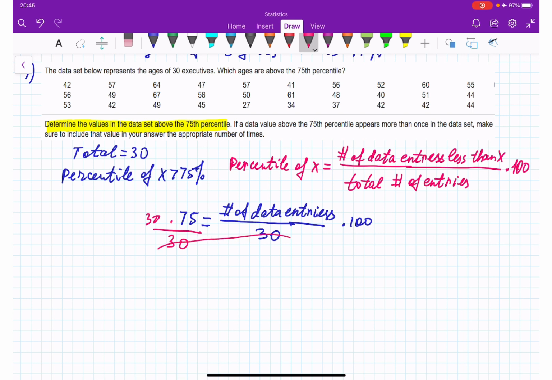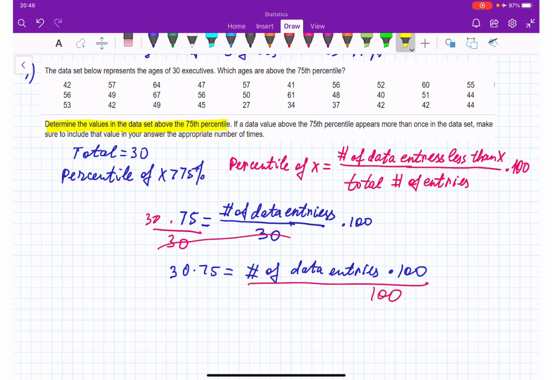Then I can drop this 30 and I will get 30 times 75 is equal to the amount of data entries less than X, times 100. From here I need to divide by 100 because I need only the amount of data entries, right? So I divide by 100 here and by 100 here.